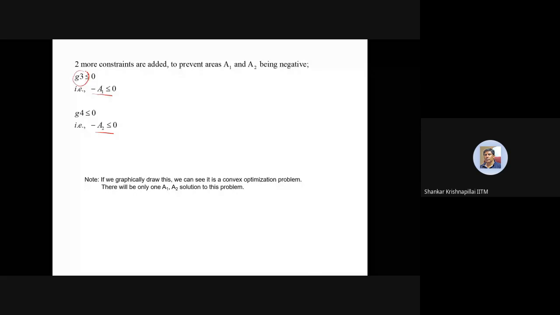Okay. If we graphically draw this, we can see that it's a convex optimization problem, and it will have only one solution, A1, A2 for this. All the other solutions will be giving absurd values.